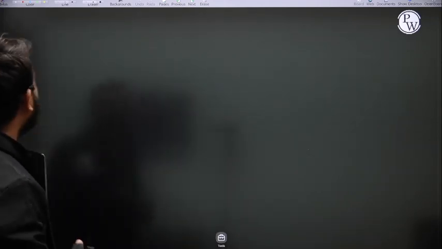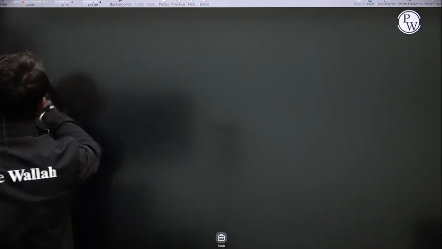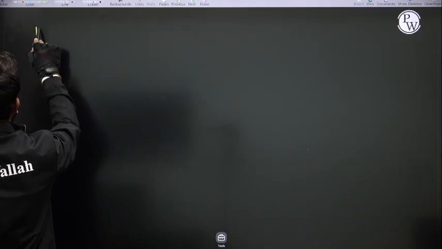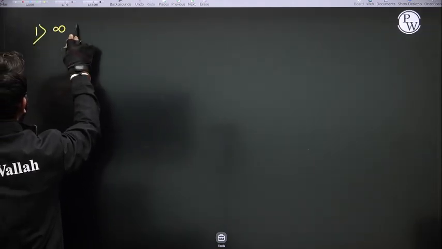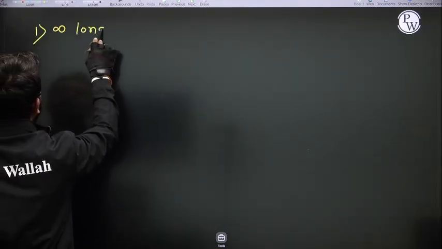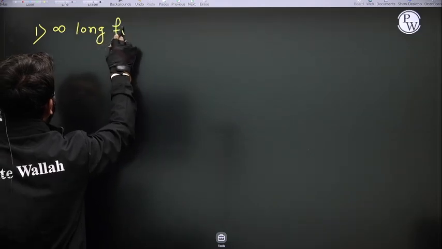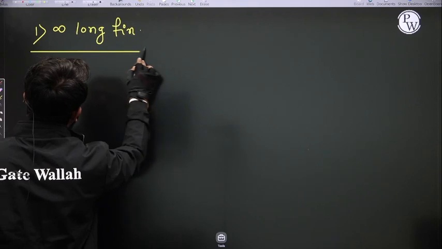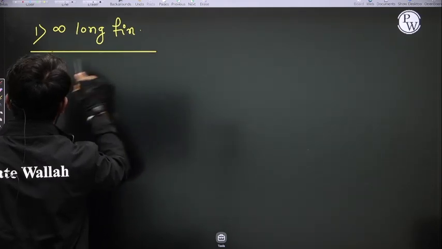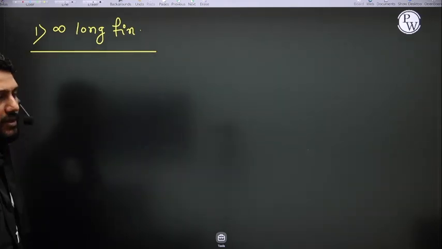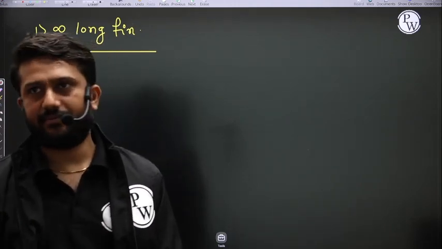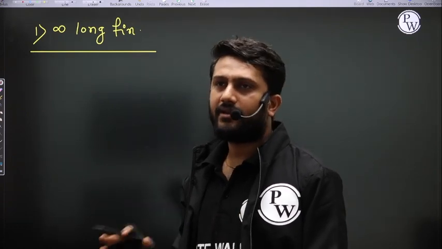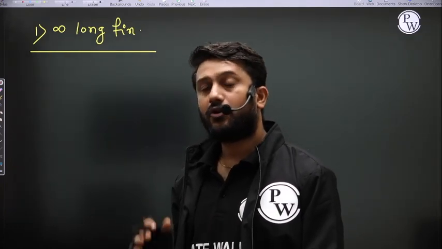First I am talking about the infinitely long fin. Everything is the same up to the governing equation. What changes are there?